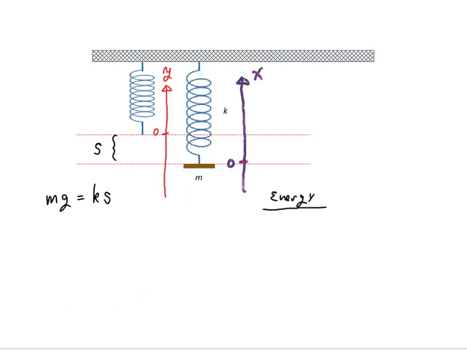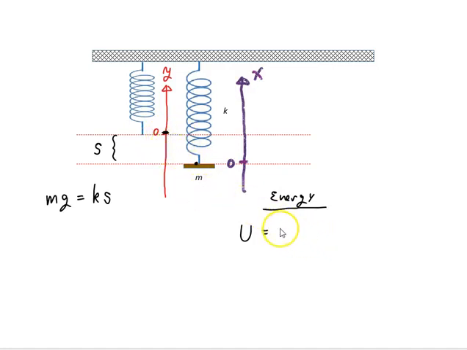Now we can get a similar conclusion from an energy perspective. The potential energy of a mass and spring system at this location with this choice of 0, right?